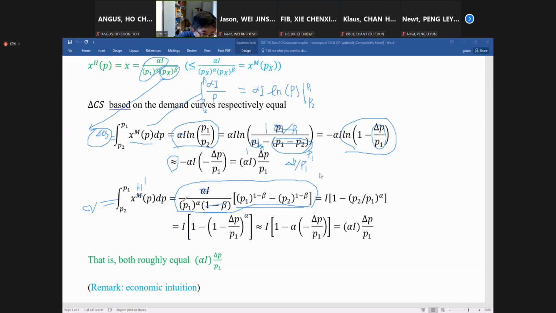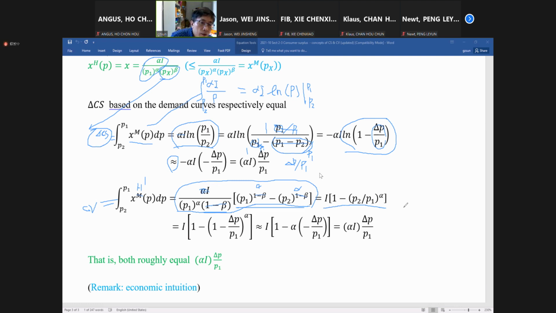If you consider this one together with this one, 1 minus beta is alpha. So therefore, we get 1 minus P2 over P1 to the power alpha. So this one seems to be quite simple, right?